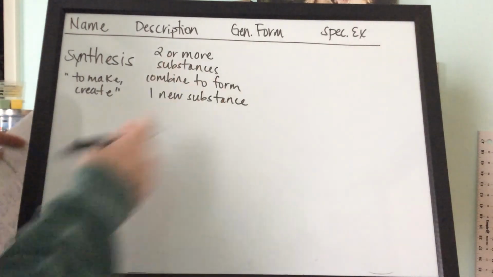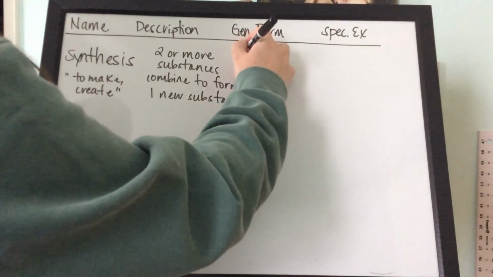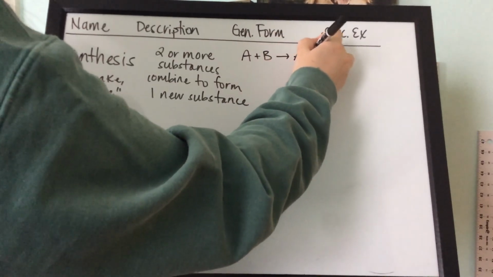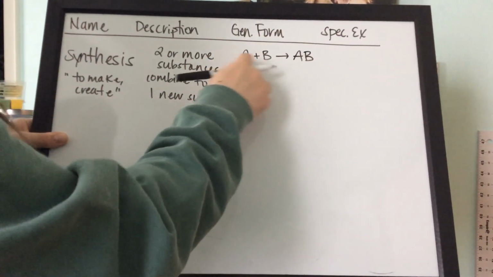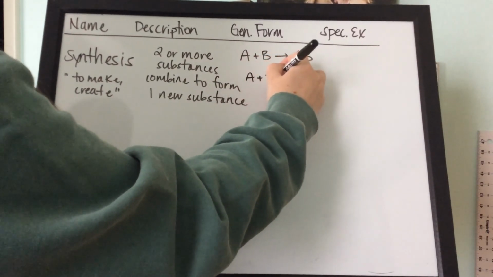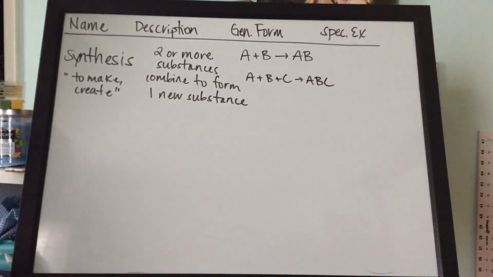So my general form, meaning not real elements or compounds from the table, but just like A and B, might be that A plus B yield AB. Okay, see, that's 2 things combining to form one. Or maybe even A plus B plus C forming ABC.